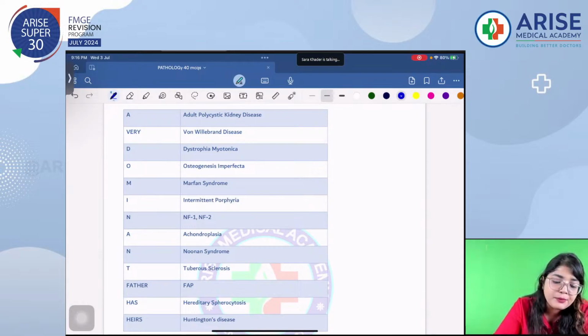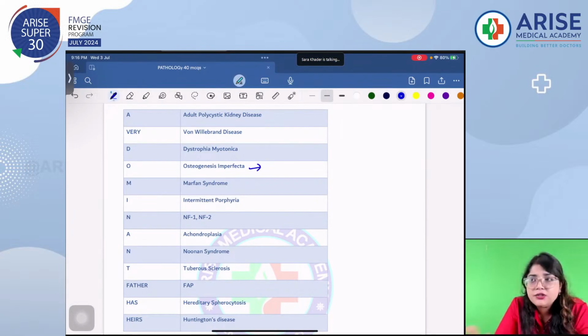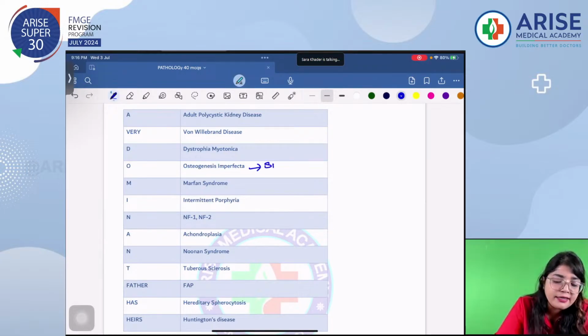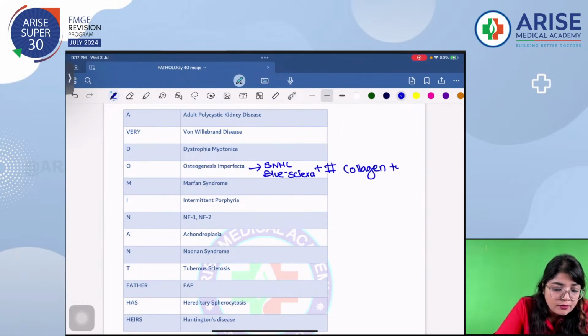For example, osteogenesis imperfecta presents with a triad: there is SNHL, there is blue sclera, and there are multiple bony fractures. This is a collagen type 1 defect.